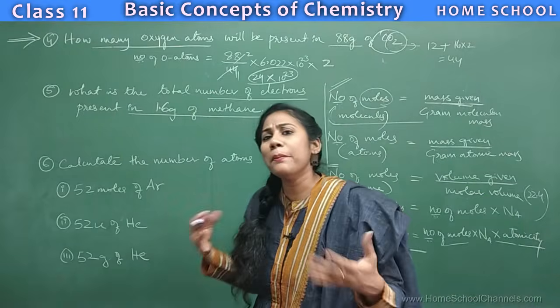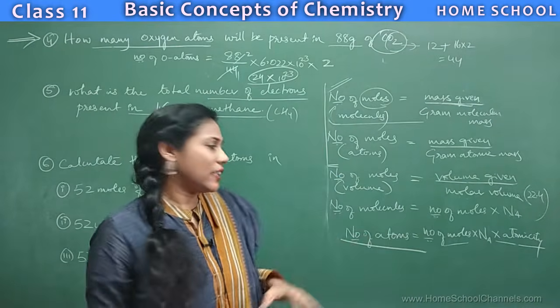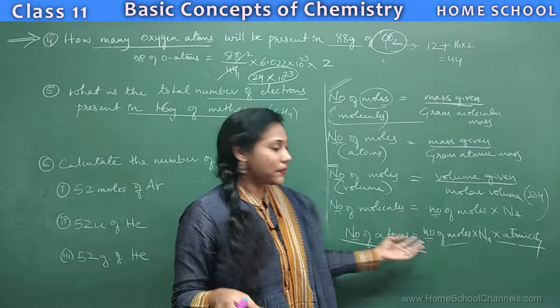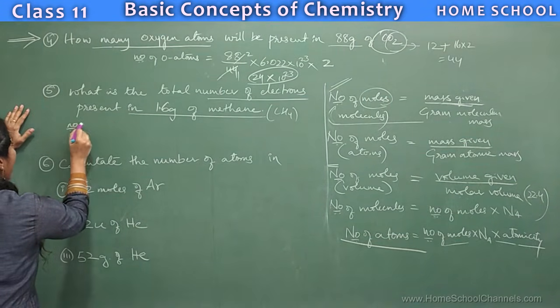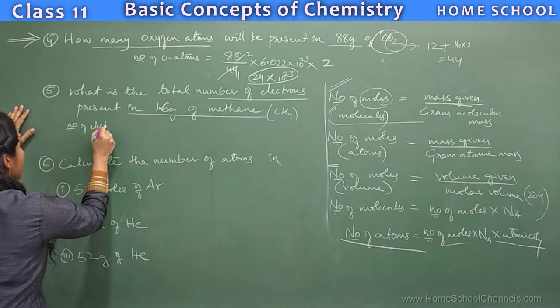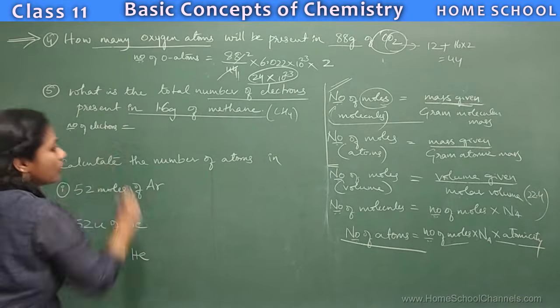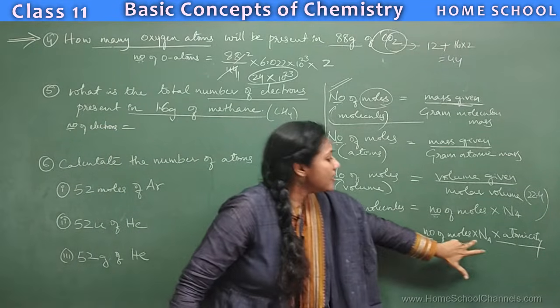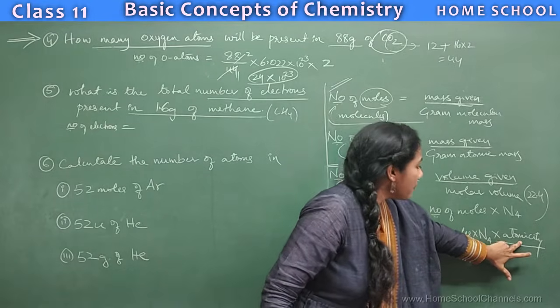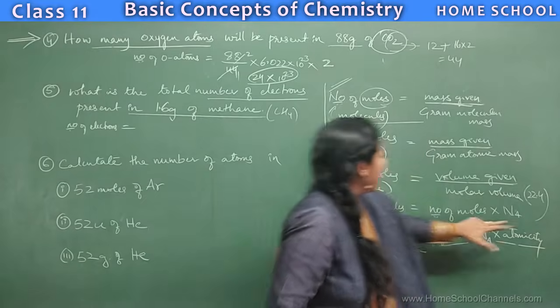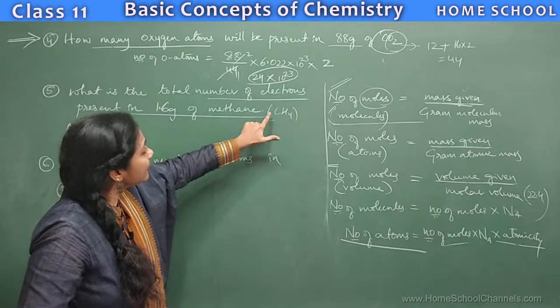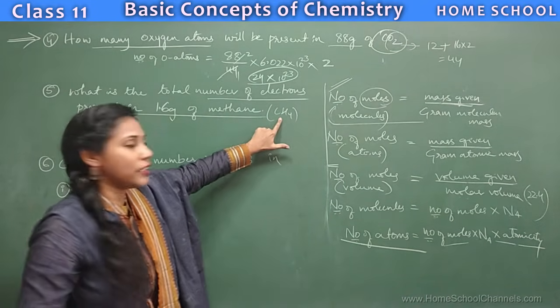Whenever they ask you number of electrons or ions or whatever, the same formula you can use. So what is the formula I can write here? Number of electrons is equal to number of moles into Avogadro number into, instead of atomicity, you should write the number of electrons present in one molecule.